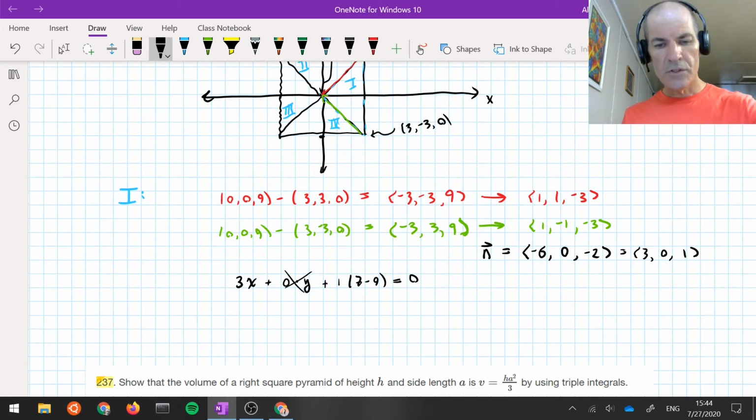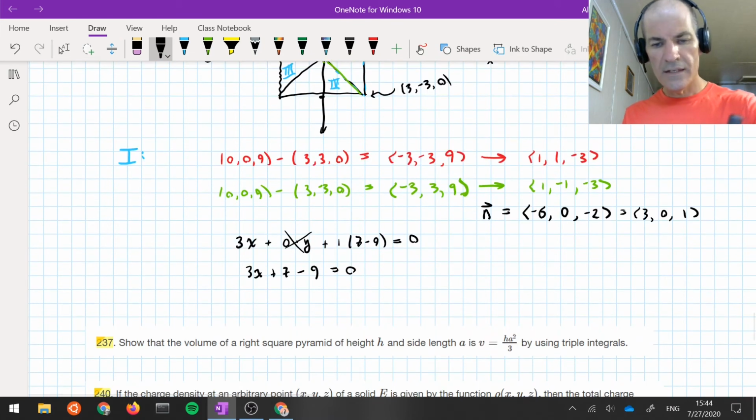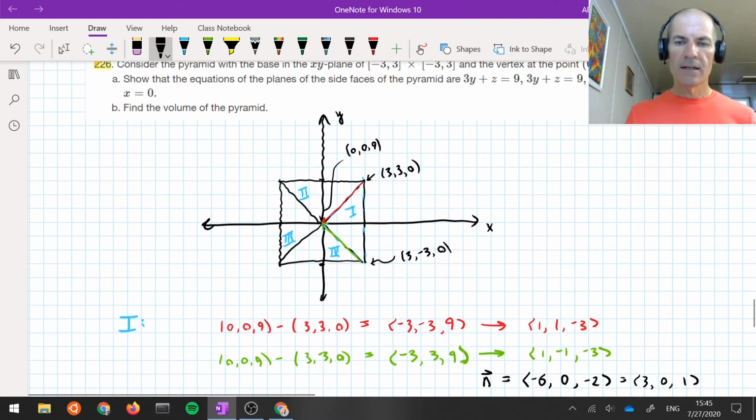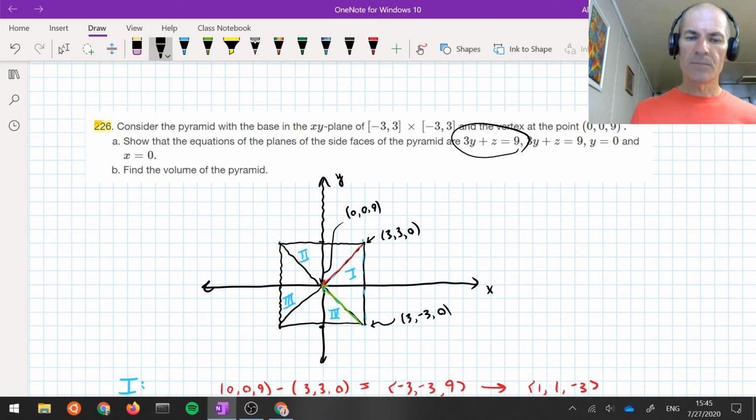We can, of course, get rid of the 0 times y, and we get 3x plus z minus 9 equals 0. Or alternatively, 3x plus z equals 9. And that is this face.